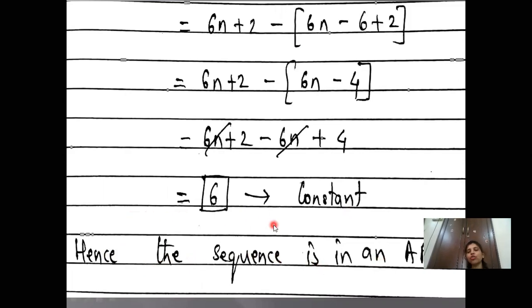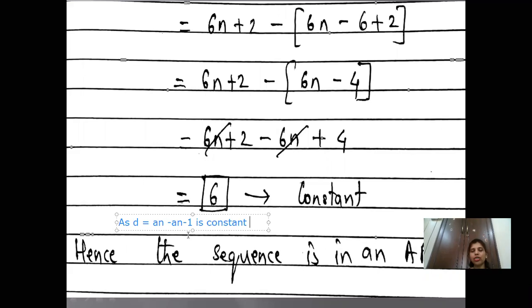So you just mention over here that the common difference, so write over here as d is equal to an minus an minus 1 is constant, therefore this particular sequence is in AP.